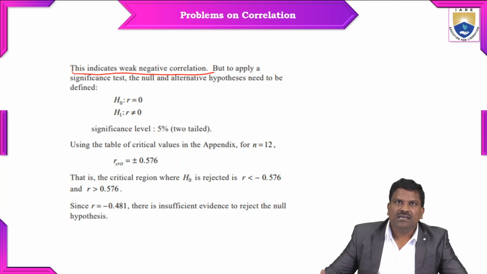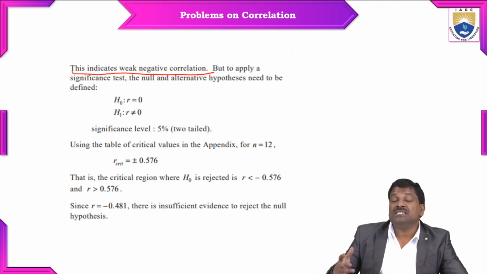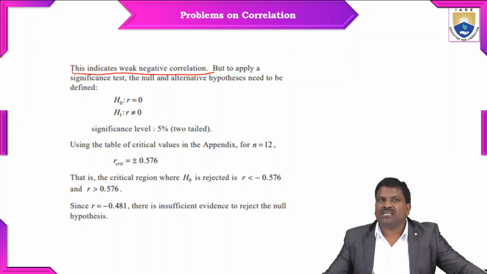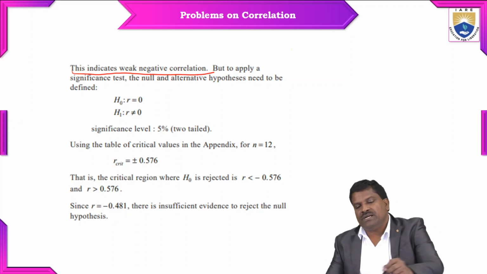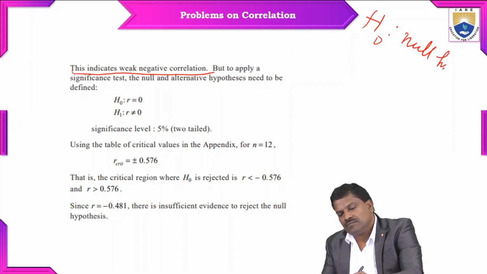But to apply a significance test, the null and alternative hypothesis need to be defined. H naught, in a test of hypothesis, we will know this terminology. H naught means it is a null hypothesis.